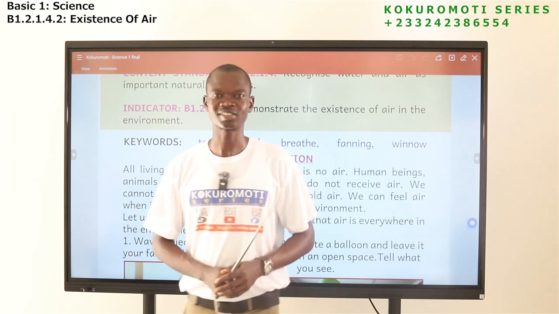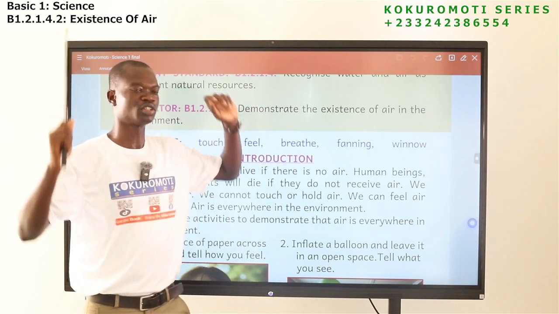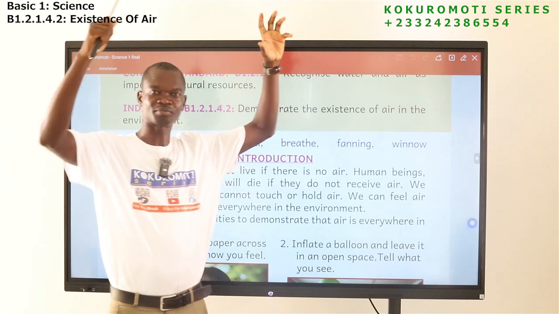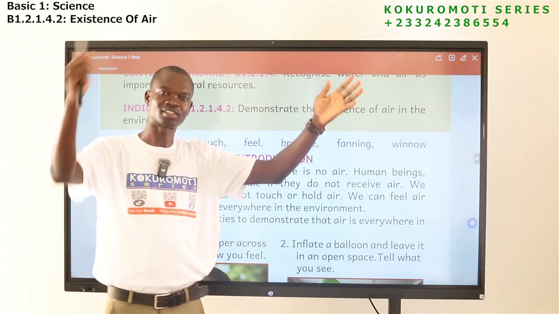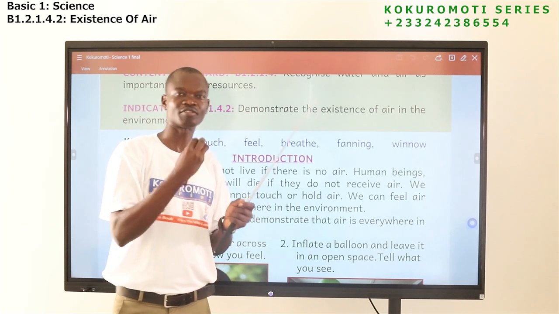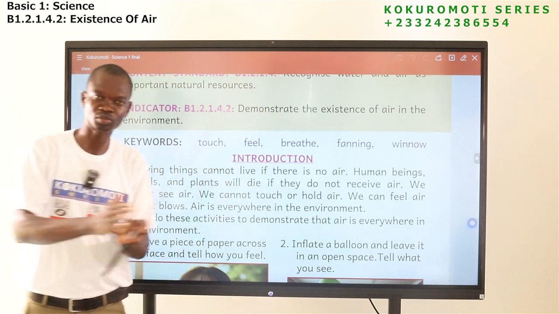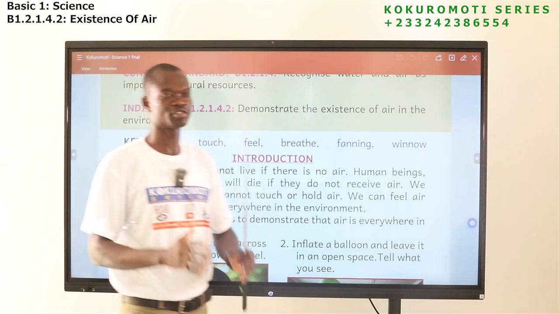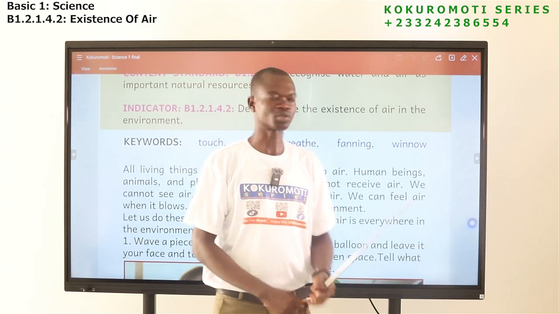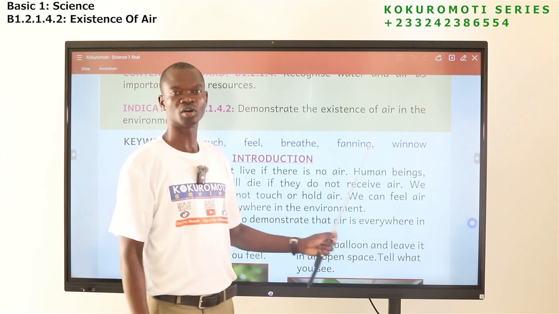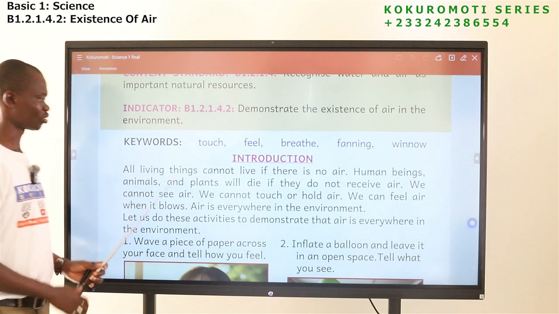In some places, they raise a mixture of something, then pour it. As the mixture is coming down, those that are light, the air will blow them to one side, and those that are heavy fall straight to another side. We call that process winnowing. We shall see this word in the lesson. So let's move on.